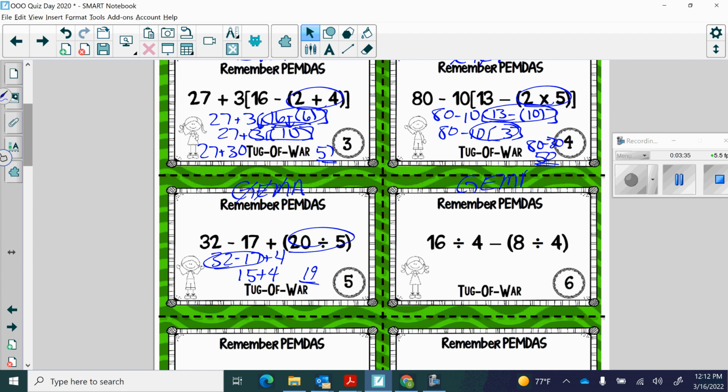Okay, our next one. We still have a grouping here at the end, so I'm going to rewrite everything else. 16 divided by 4 minus 2. Now, no exponents, multiplication, division. The 16 divided by 4 is going to go next. Gives us 4 minus 2. Now it's just a subtraction. 4 minus 2 is 2.